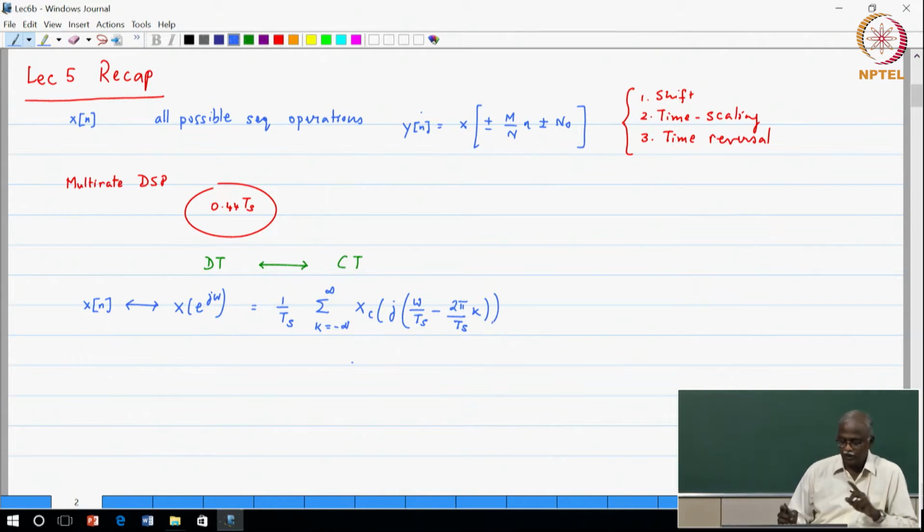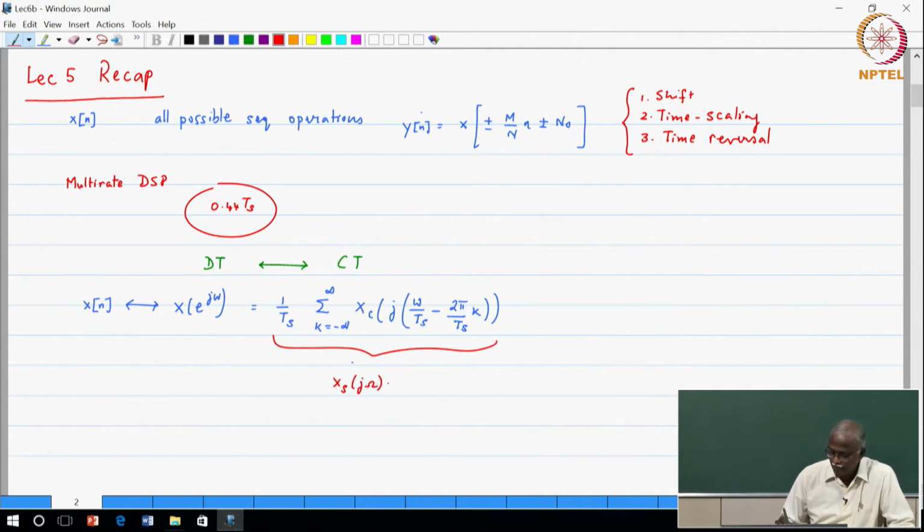We established this linkage in the last class, because this is nothing but the sampled signal Xs of j omega, where I have substituted omega equal to omega by Ts. Again, we know how to get the sampled signal: you multiply it by the Dirac deltas, and that produces the sequence.